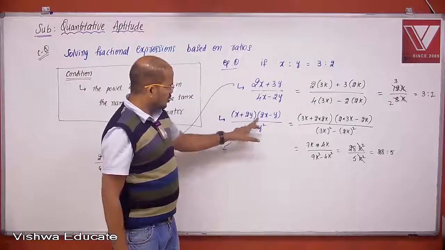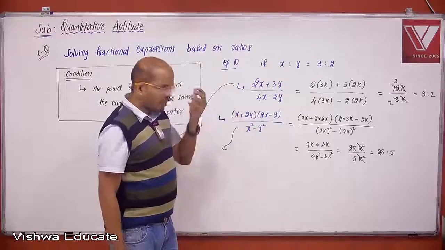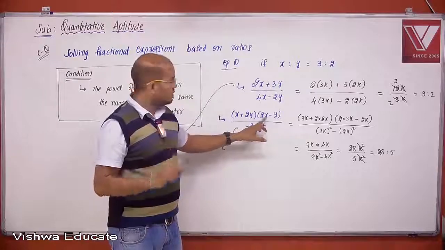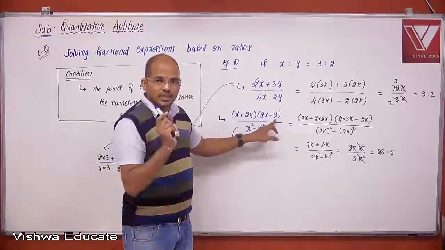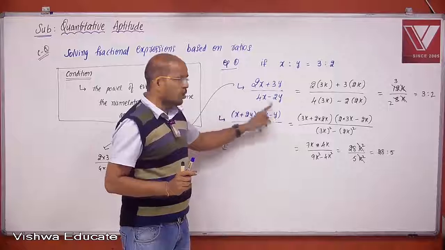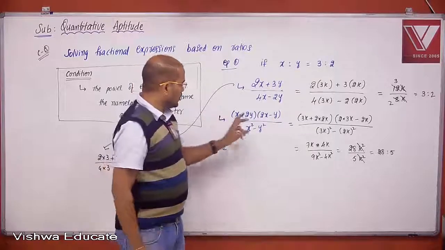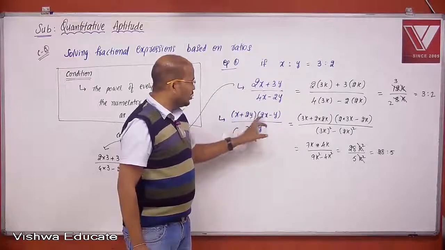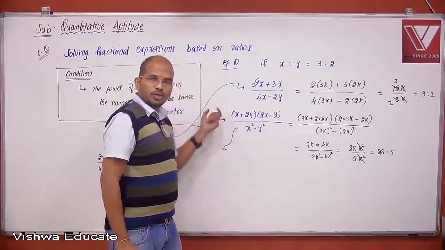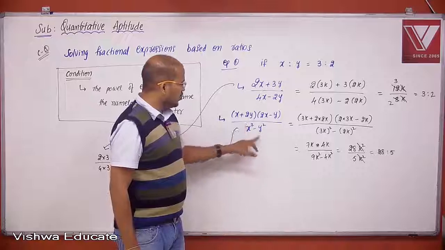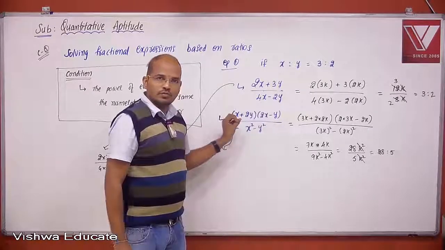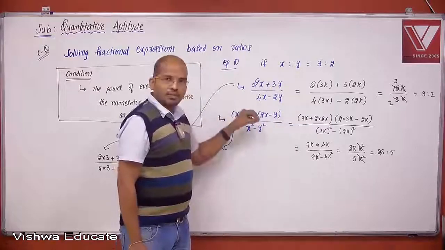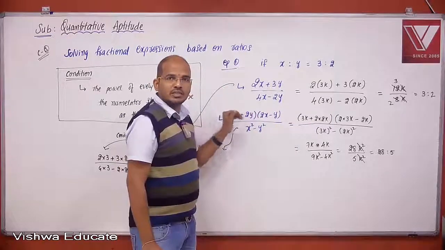Forget the coefficients if you even have them. x into x is x square, x into y is xy, which is x power 1, y power 1, becomes 2. y into x is again 2, y into y is y square. So all powers are 2, and in x square minus y square, again all the powers are 2. So all the powers are the same in both numerator and denominator.